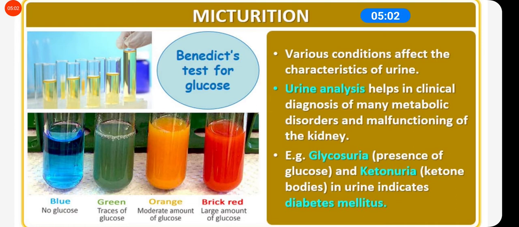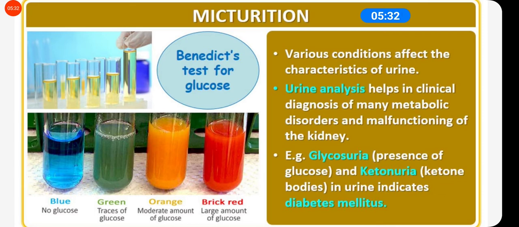When urine is allowed to stand, it gives an unpleasant odor of ammonia. Now, urine is used for analyzing various diseases. It helps in the clinical diagnosis of many metabolic disorders as well as the functioning of the kidney.